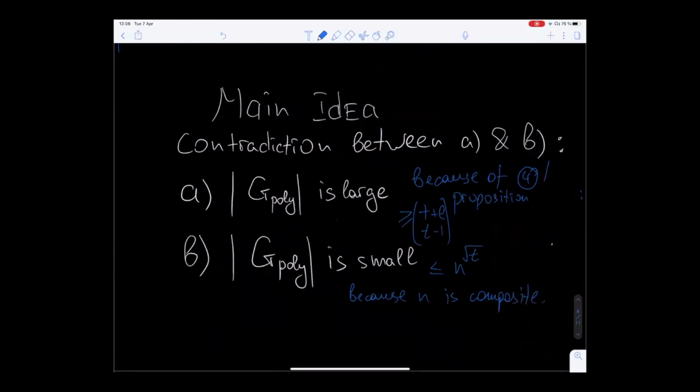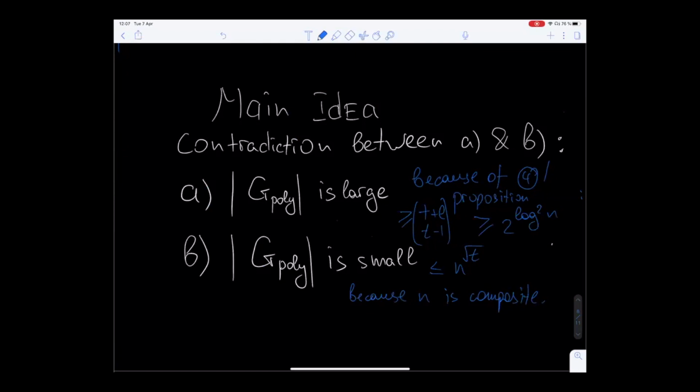Okay, so these are the two things. If you compare those two quantities, we know that t is at least log squared. So this thing would definitely be at least 2 to the log squared n, because both t and L are at least log squared.